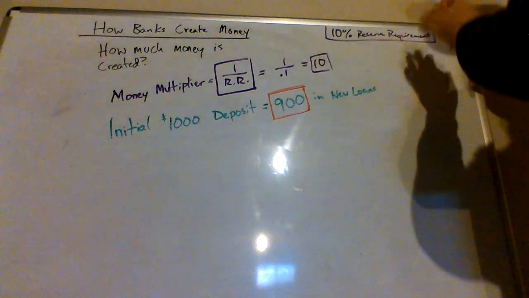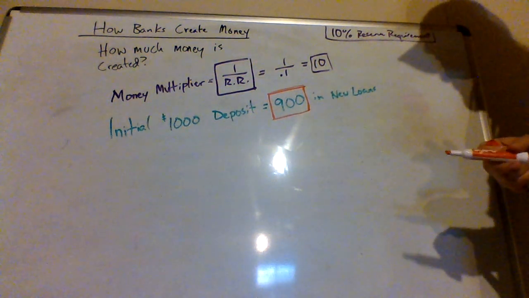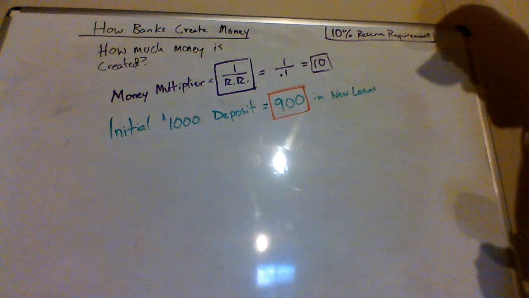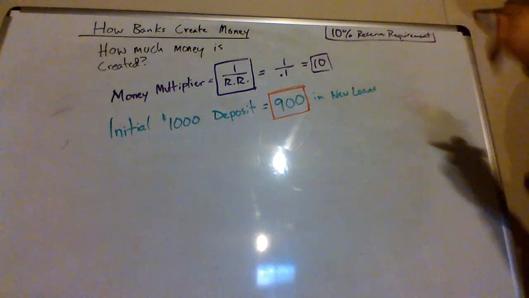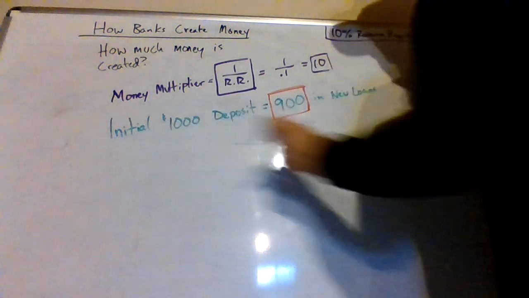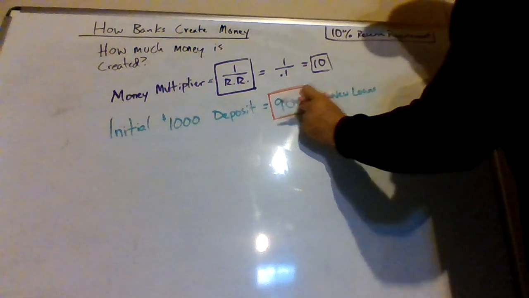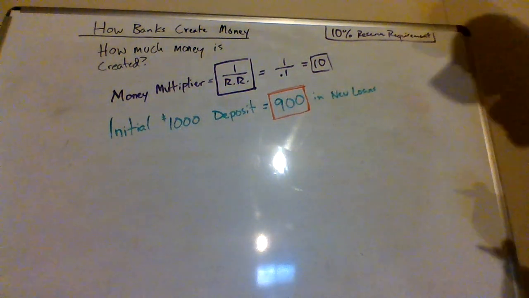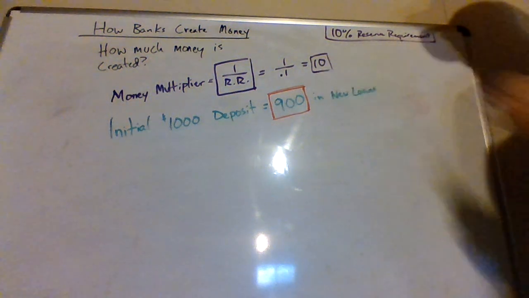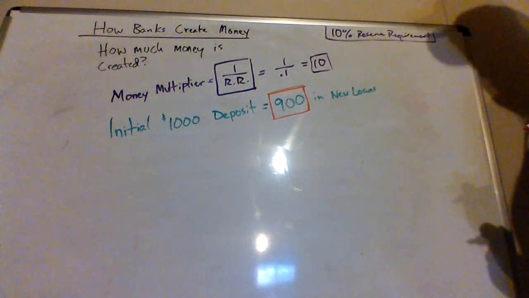Now, if the reserve requirement were zero, we'd have created a potential of $1,000, but the bank can't loan out all of that money. When the bank can only loan out that 90%, we've got to remember that this $1,000 deposit can only create $900 new dollars in that first step. That's what we're going to multiply by our multiplier here.